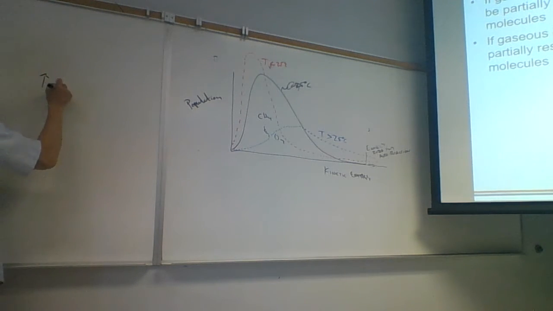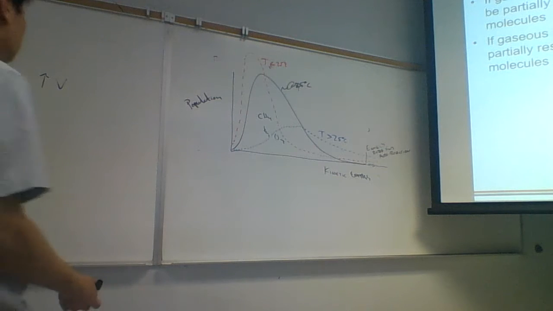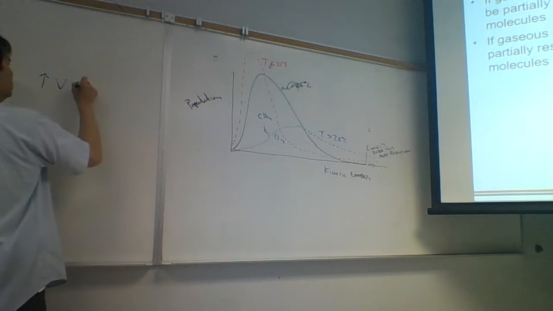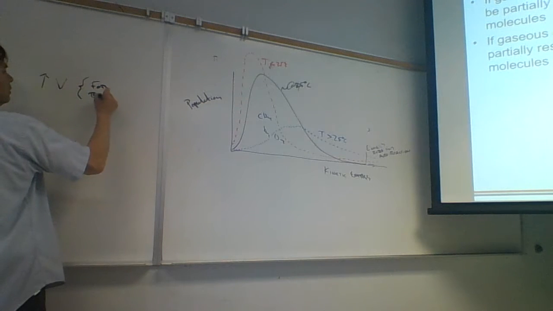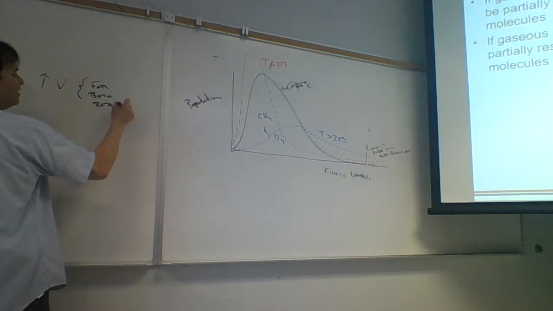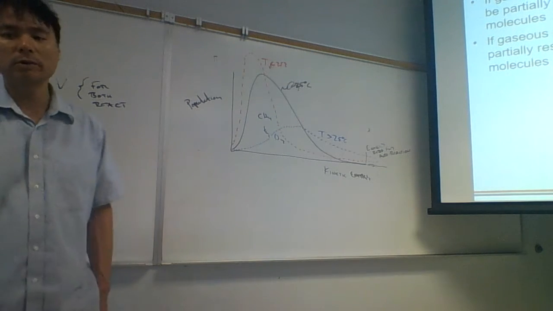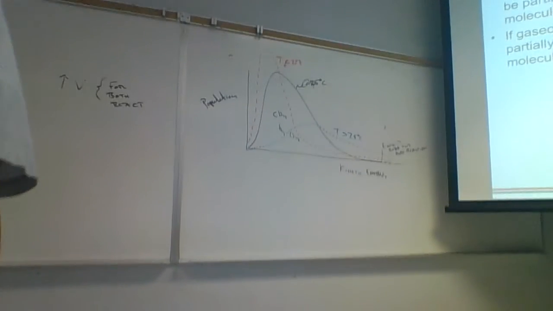Increasing volume affects both. You're increasing the volume for both reactants and products, as if they're in the same container. So let's say we double the volume. Well, you just double the volume for both the reactants and the products. So what impact does that have?